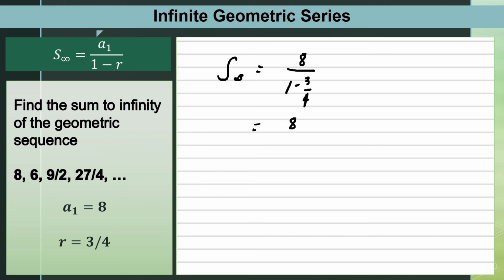So, we have simplified the denominator, 8 over 1 minus 3 over 4 is equal to 1 over 4. And to simplify this, we simply multiply 8 by 4. So, 8 times 4 is equal to 32 over 1, or this is just equal to 32. At ito ang ating S sub infinity.